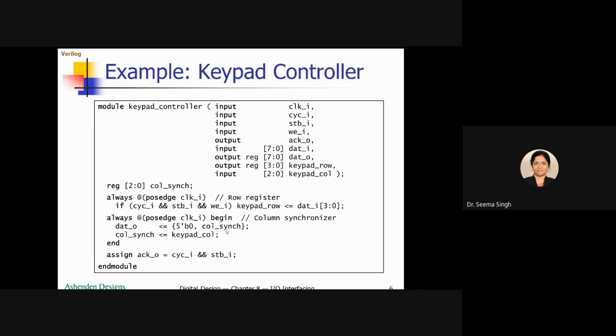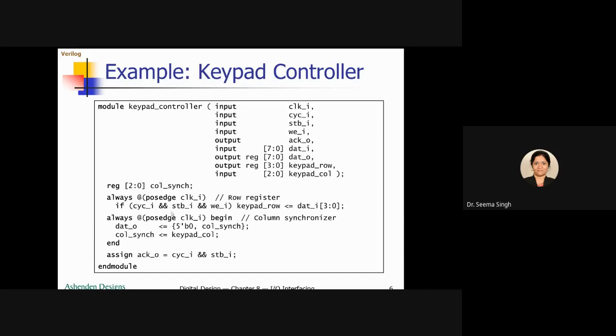Coming to column synchronizer, what happens? It has to take care of the data whatever is being pressed in the keypad.